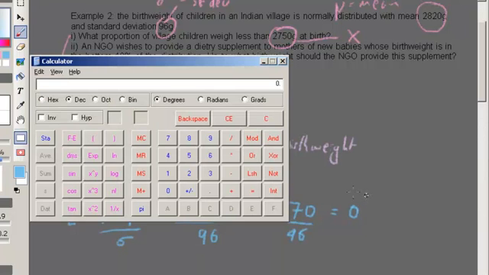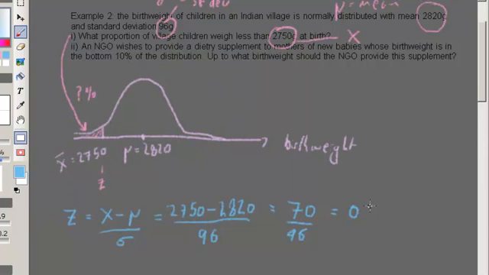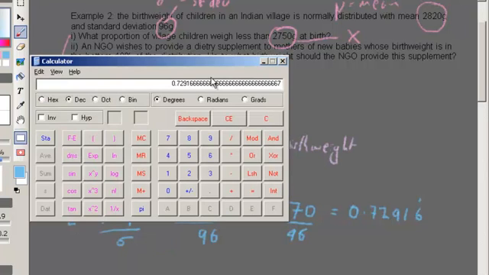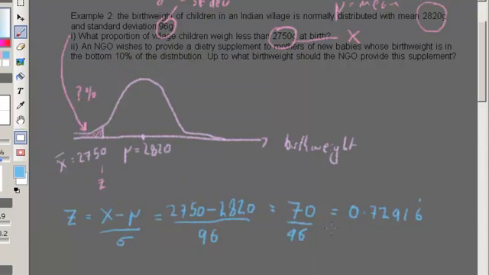Let's get your calculator out, or your phone, or whatever, and work out the 70 divided by 96. 0.7291666666. That dot on the 6, if you haven't seen it since school, means it carries on forever. Now we want to know for a z-score of that, in other words, this many standard deviations above the mean, what proportion is less than that?